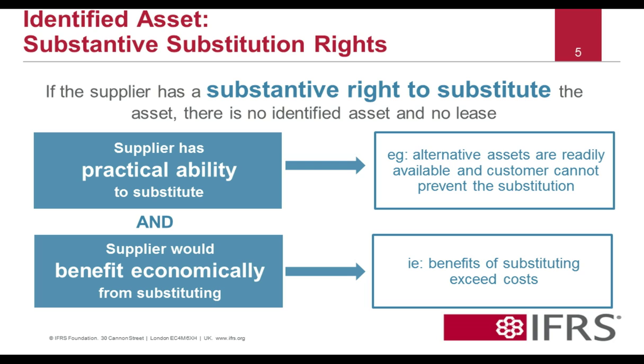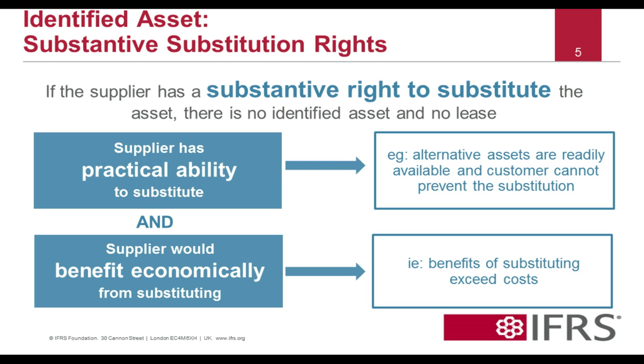For example, often the asset is located on the customer's premises in a way that makes it very difficult or costly for the supplier to substitute the asset. That could be an indicator that a substitution right is not substantive. Another important point to note is that substitution only for the purposes of repairs or maintenance or to replace an asset that is not operating properly would not disqualify a contract from being a lease.